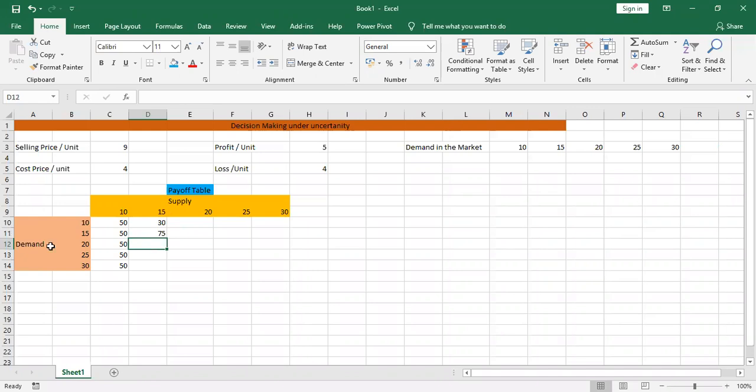Supply 15, demand is 20. What is my profit? Remain 75. Why 75? Because demand is more than supply, I cannot satisfy the remaining customers. I cannot give the newspaper to remaining customers. That means I'll get profit of 75 only.